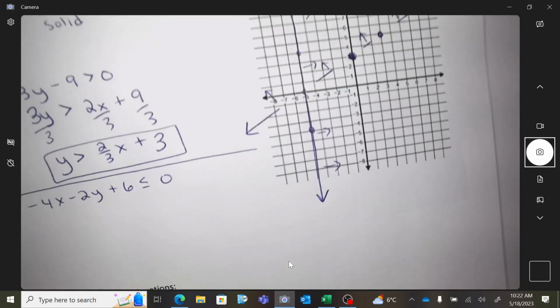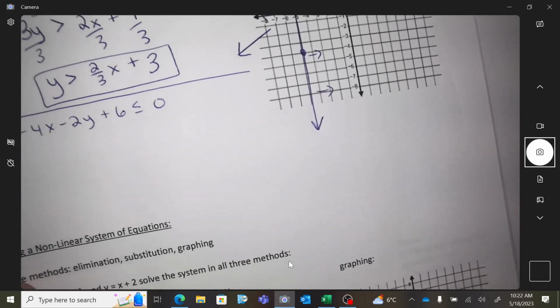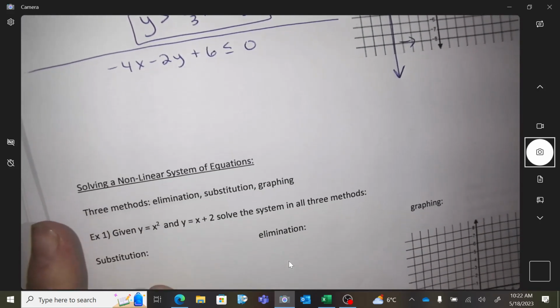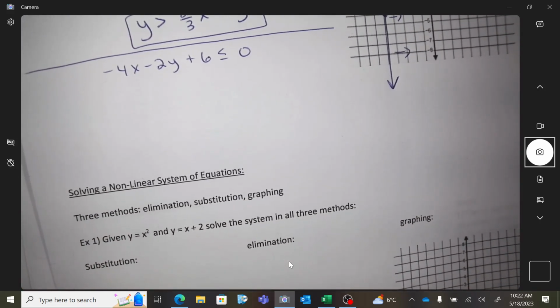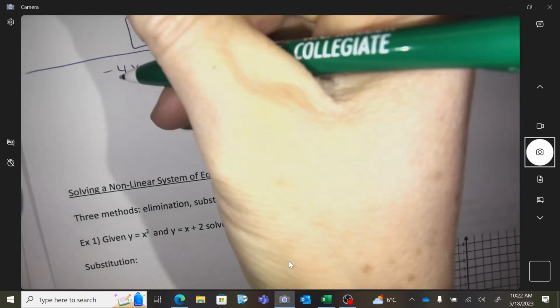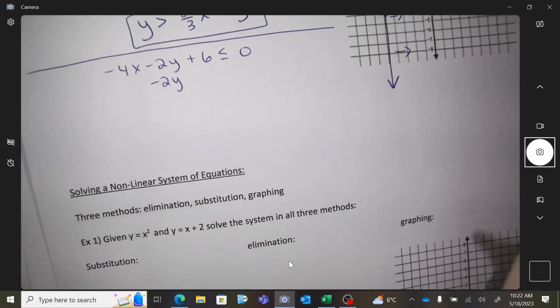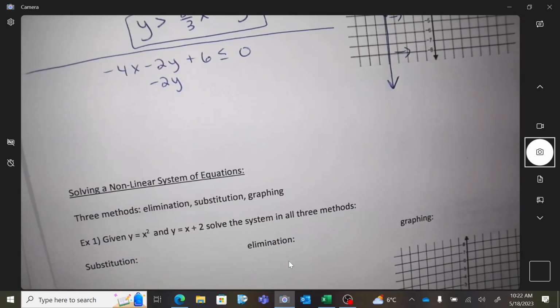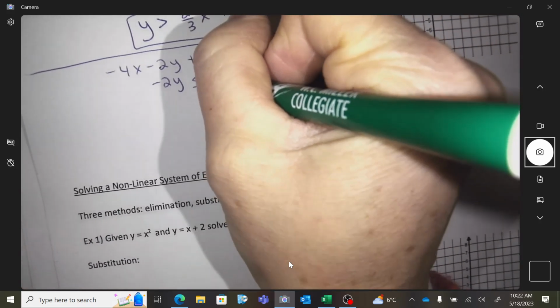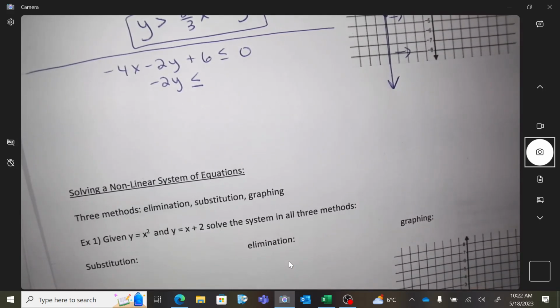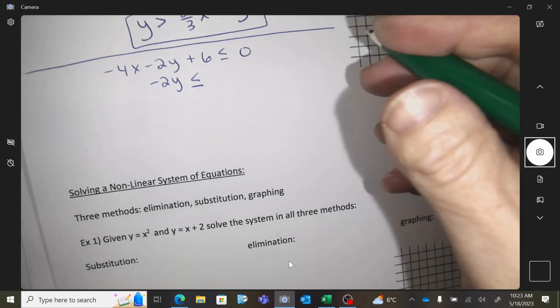All right, the last, bless you. The last one. Okay, ready? Keep the y stuff. But don't forget the y stuff says -2y. So keep the -2y. Less than or equal to. That x stuff I'm going to be moving.